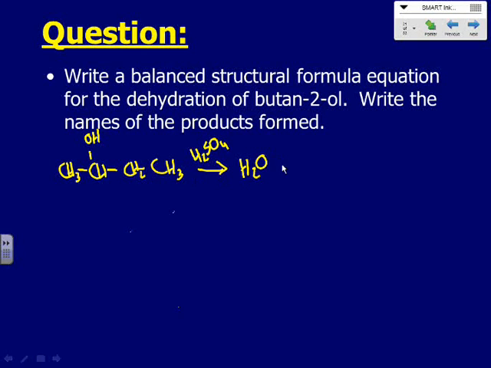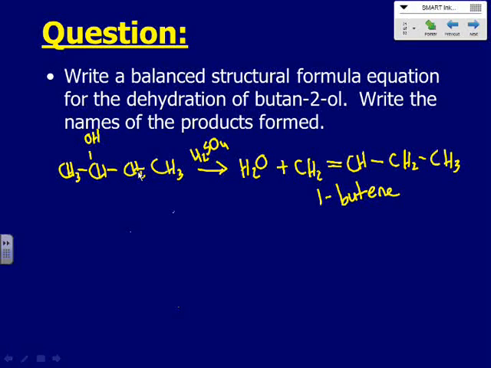All right, so I'm actually going to get 2 products, 2 possible products. If it comes off the first one, that one has to drop by 1, CH2. The double bond has been formed. The H is still there because it's the OH and that guy that come off. CH2, CH3, and so that is a 1-butene. Or it can come off of this guy here. This H can be removed.